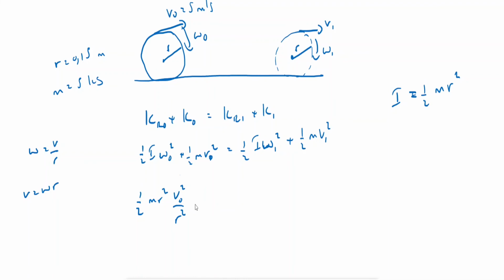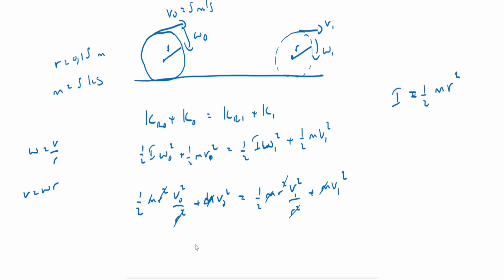Plus m v0 squared, equal to the same, half mr squared v1 squared over r squared, plus m v1 squared. The r squares are going to cancel, and the masses are going to cancel as well.